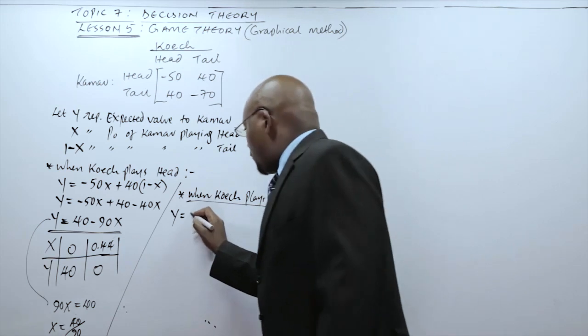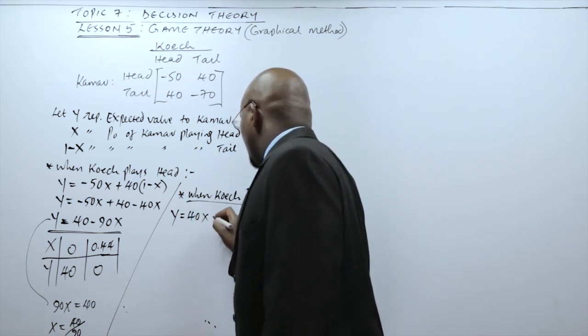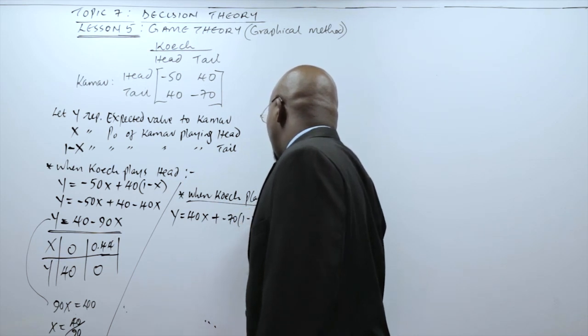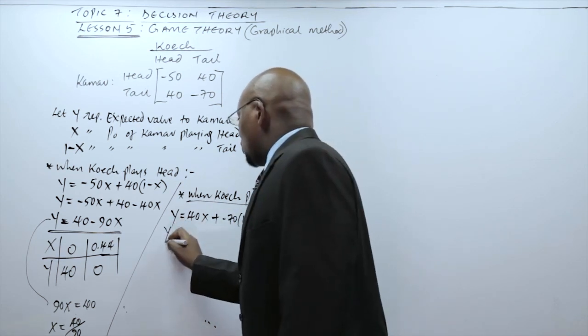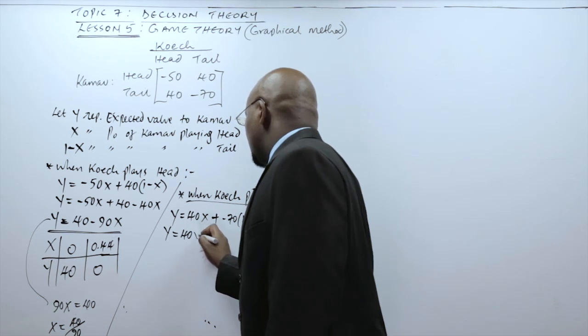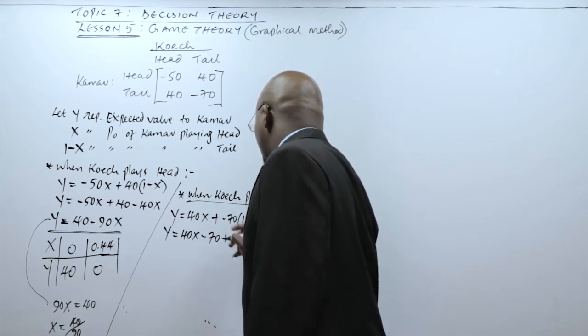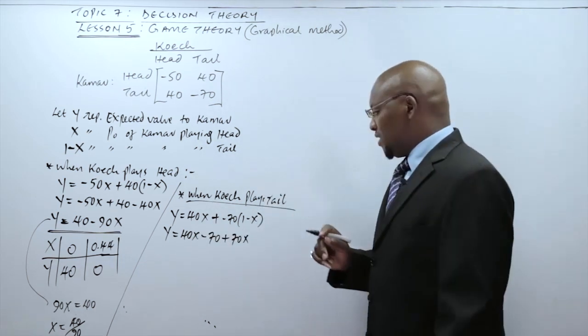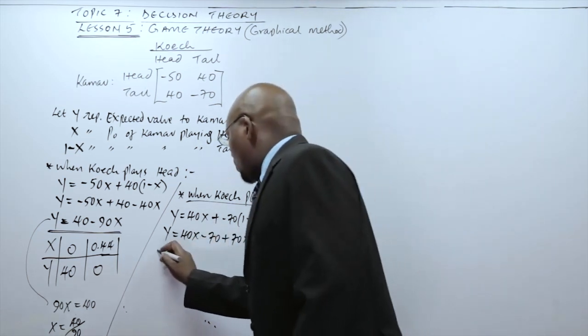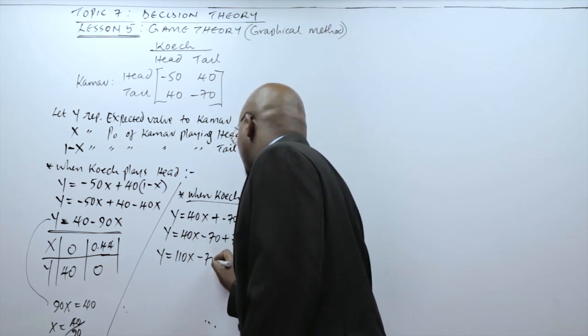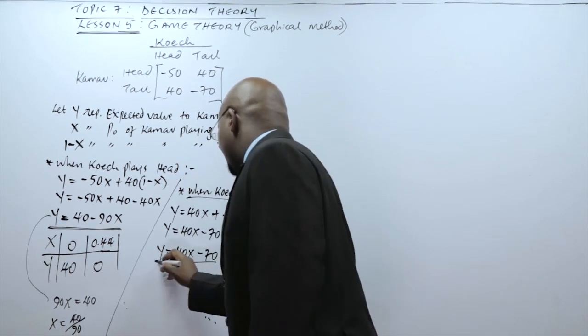So this will be 40x plus minus 70 in bracket 1 minus x. When you work out, this will be y equals 40x minus 70 plus 70x, because of the sign, it changes to plus 70x. This shall give us y equals 110x minus 70, and this becomes the second line.